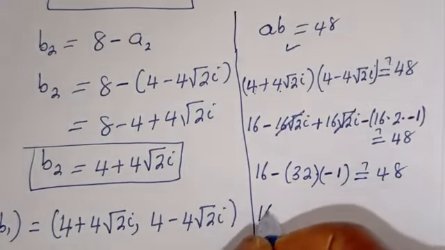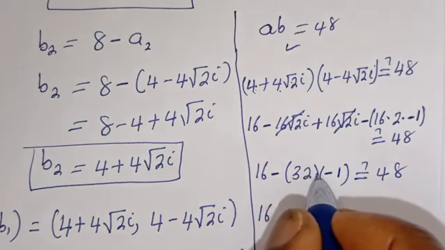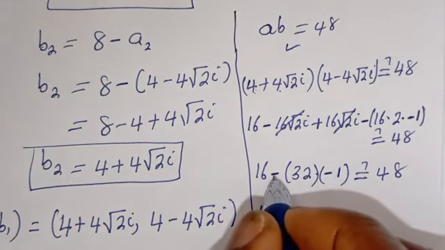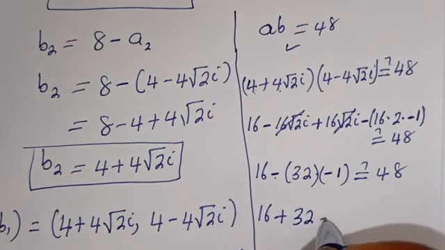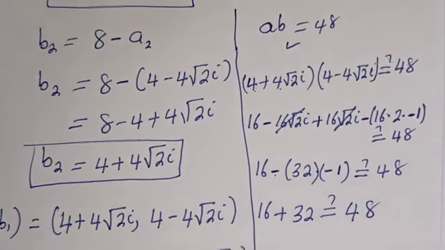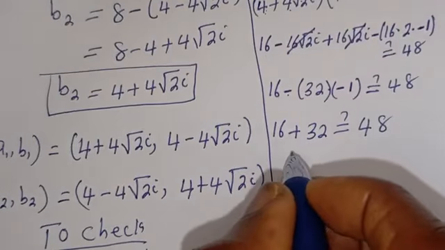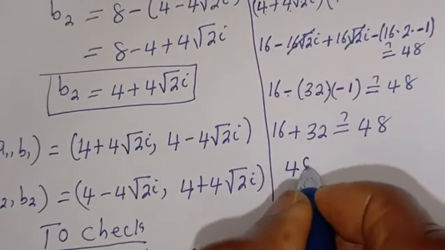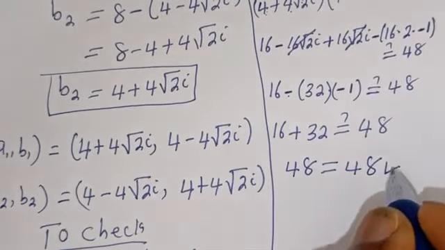Then this is 16. 32 times minus 1, that is minus 32, multiplied by minus, that will be plus 32, must be equal to 48. Then 16 plus 32, this is 48, is equal to 48, which is true also.